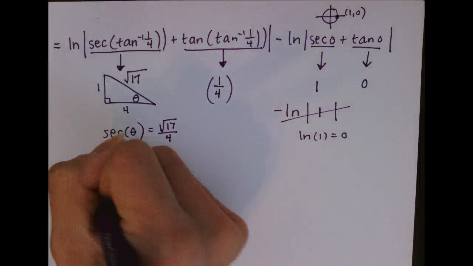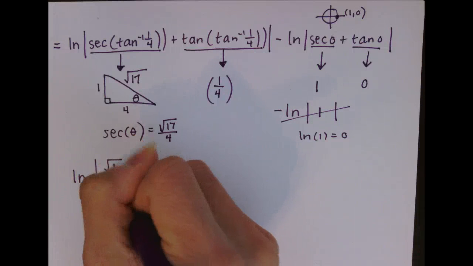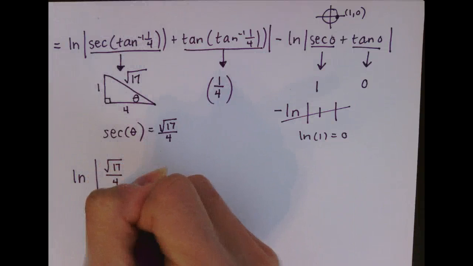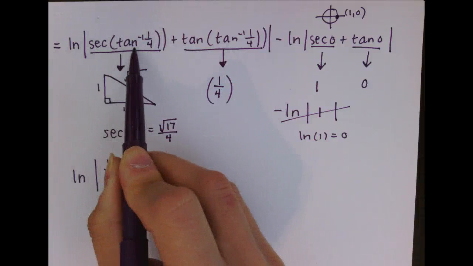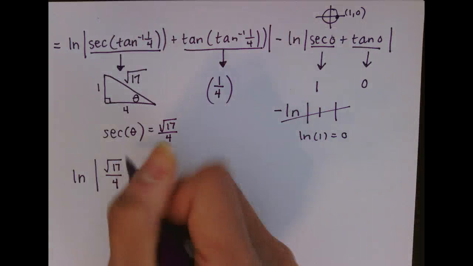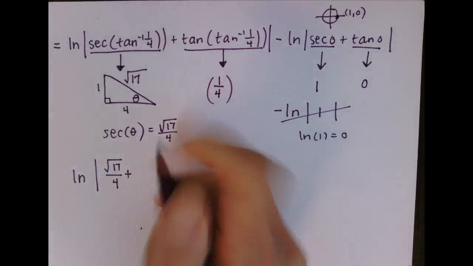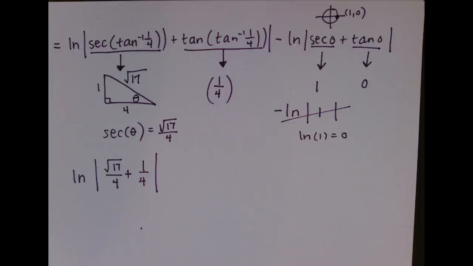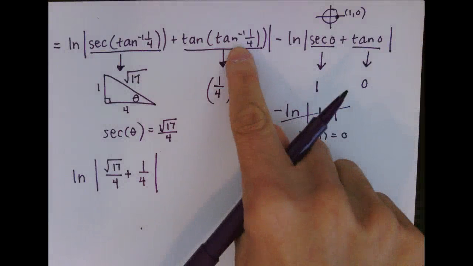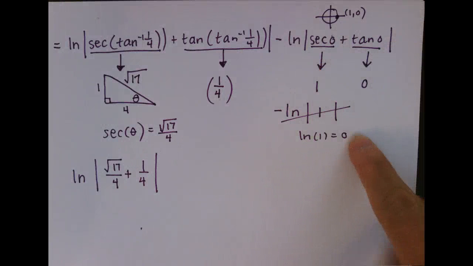And through all of that, we've determined that the square root of 17 over 4 is the expression for secant of inverse tangent of 1/4. And then 1/4 was the expression that we got here. This all canceled out to be 0.